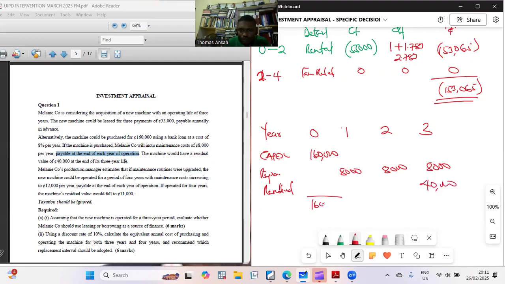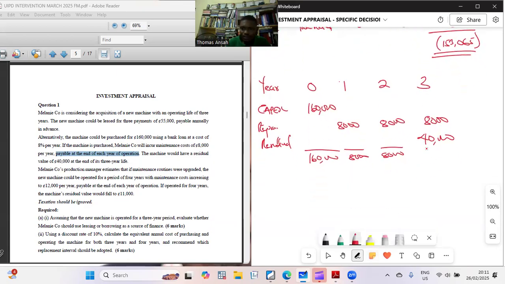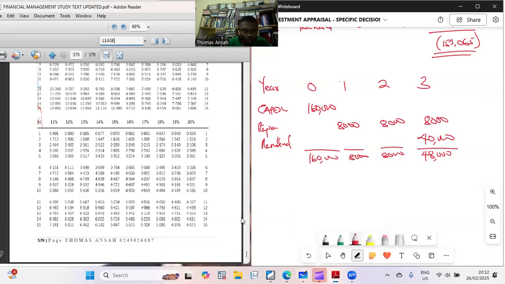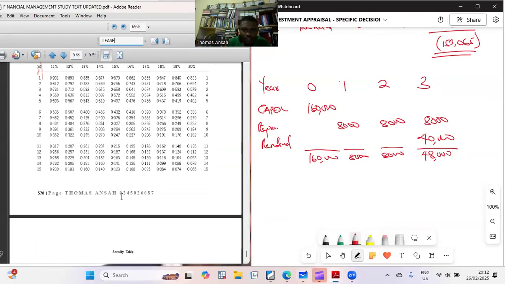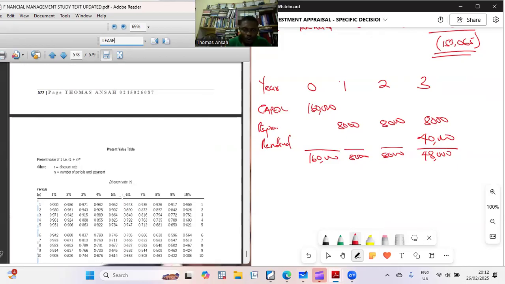So here will remain 160,000, then 8,000, 8,000, and you can run an annuity for these. Then this side is 48,000. So you can set it up in annuity form, 1 to 3. Let's go and read the discount factors for this. So this is the net cash flow.